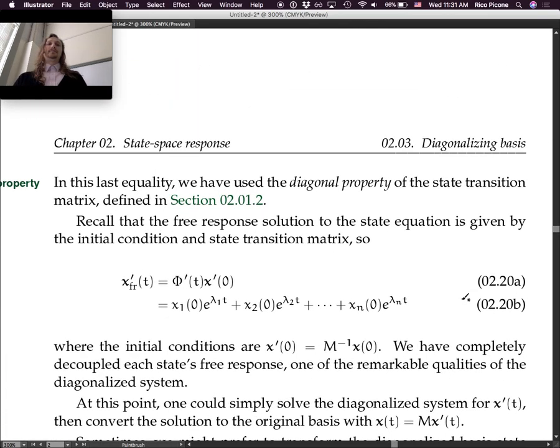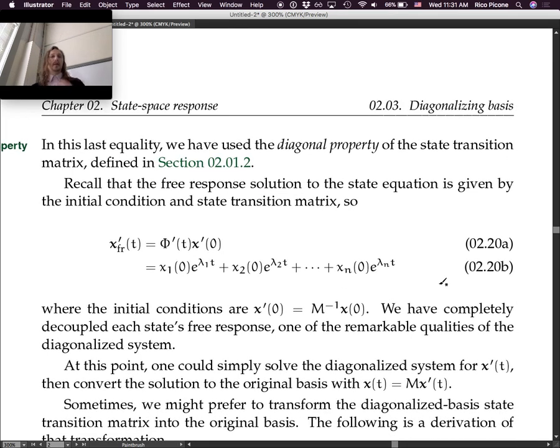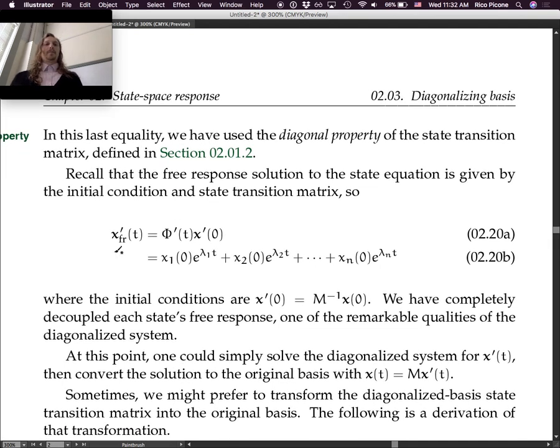Now, in this last equality, we use the diagonal property. So recall that the free response solution to the state equation is given by the initial condition and the state transition matrix. So the primed state free response is equal to phi prime times x prime of 0. I should put primes on each of these x's.